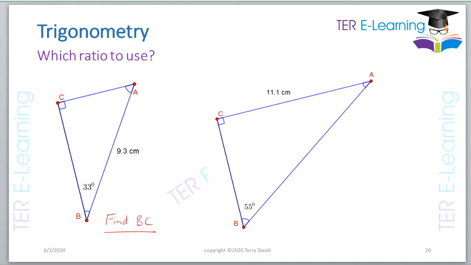Sure is sine? Everybody saying sine. Oh, it's BC I want to find, you know. BC. Look at where BC is. This diagram we're talking about here, this one on the left.